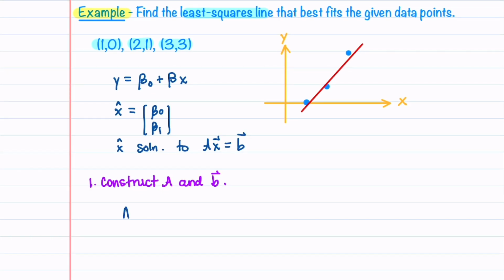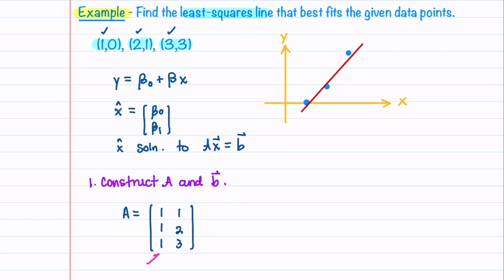Our matrix A is going to look like this. We have 3 points, so we're going to have 3 rows in our matrix. Our first column is going to be 1s, and then our second column is going to be our x coordinates, 1, 2, and 3. Let me write that down so that you can remember that.